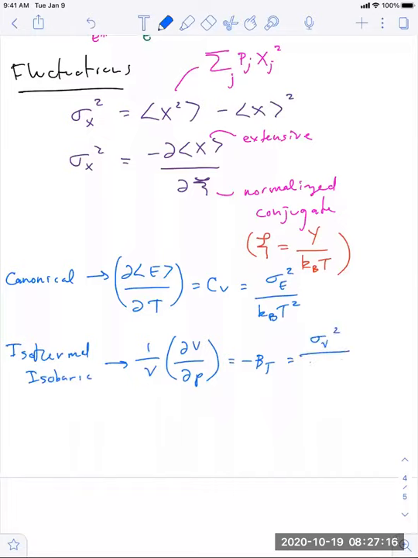So this is the fluctuation in volume divided by kT. And then similarly, for the grand canonical ensemble, we could take the change in particle number with respect to chemical potential of some species i. And again, this would be related to fluctuations in particle number divided by kBT.